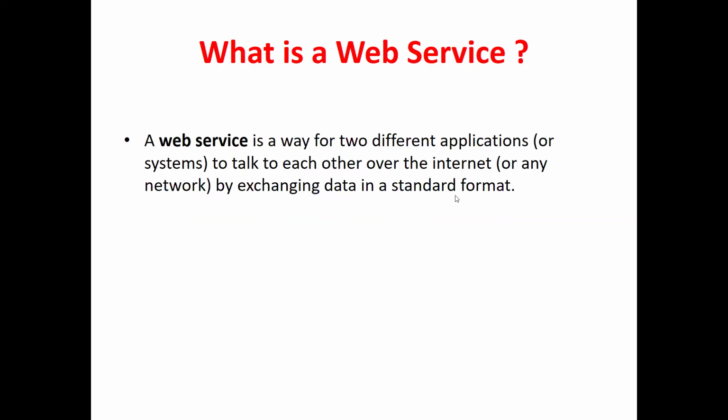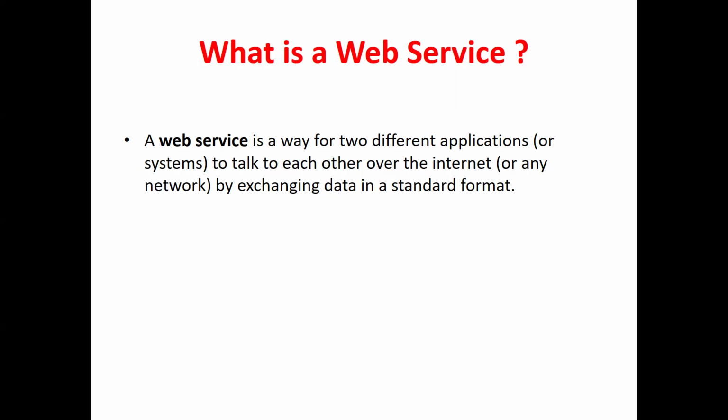Two different applications can talk to each other over the internet by exchanging data in a standard format. For example, a PHP application and a Java application can talk with each other.